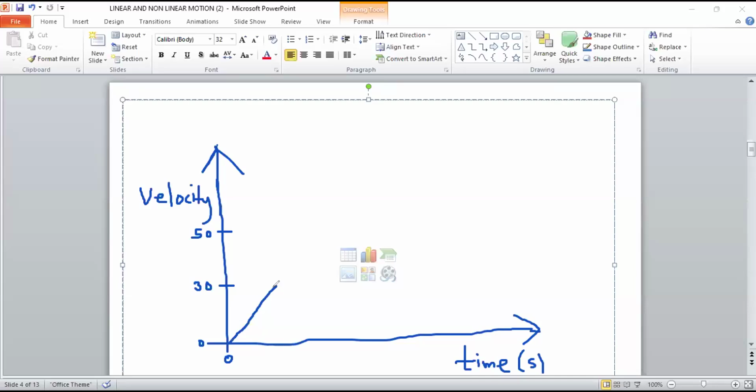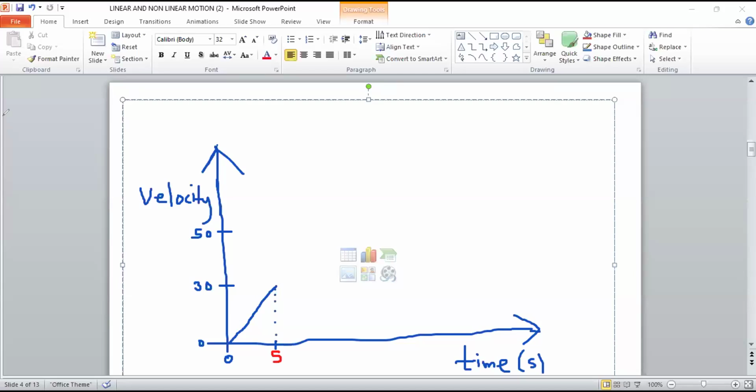And that one takes place in a time. So the time that we have down here is going to be 5 seconds. So that will be the time there.